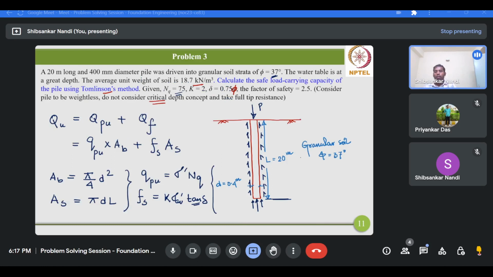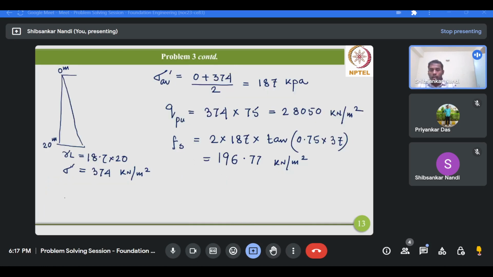Now we'll calculate the surface area and the cross sectional area at the base.